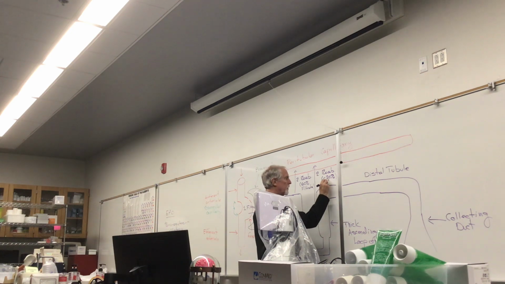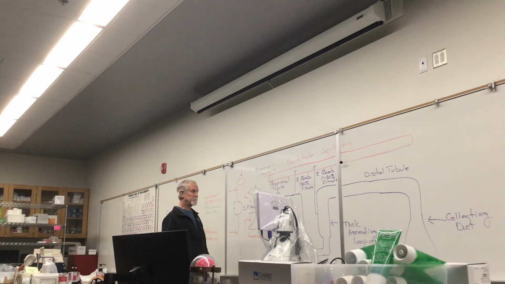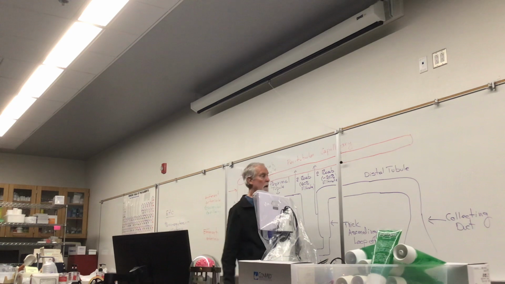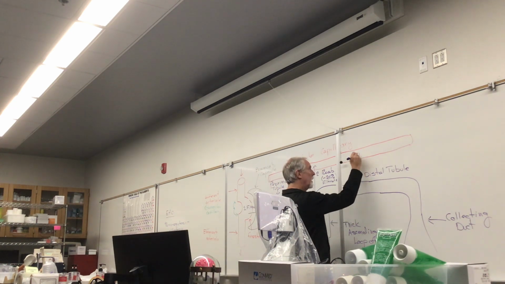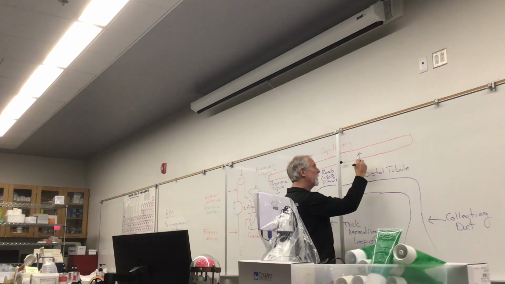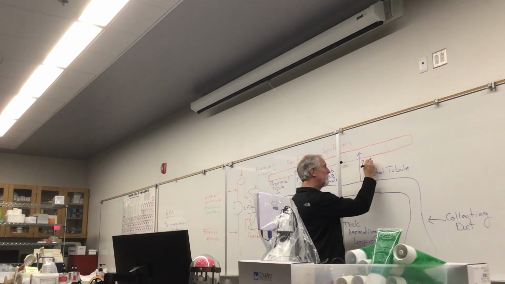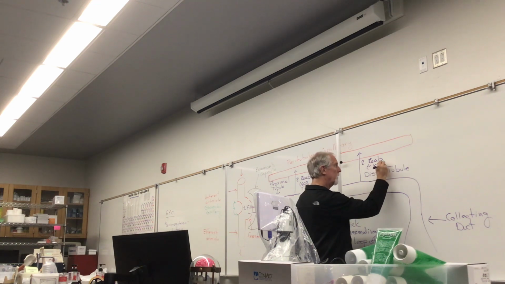Different way of saying it is reabsorbing 20% of the filtrate. The distal tubule is also involved in reabsorption. So here again, I'm going to put 2. And I'm going to write reabsorption. And here I'm going to put approximately 10% of the filtrate.